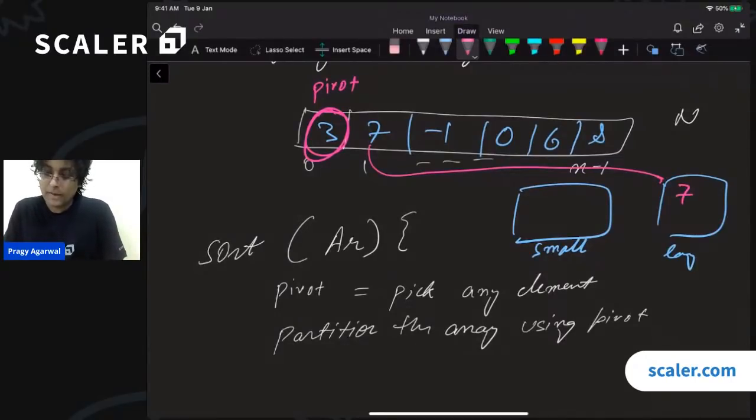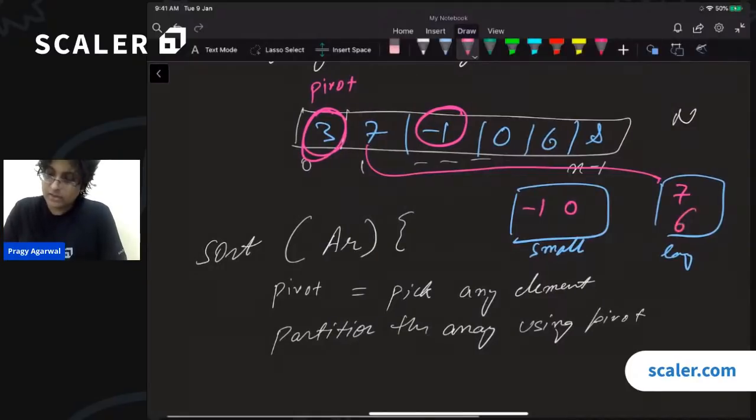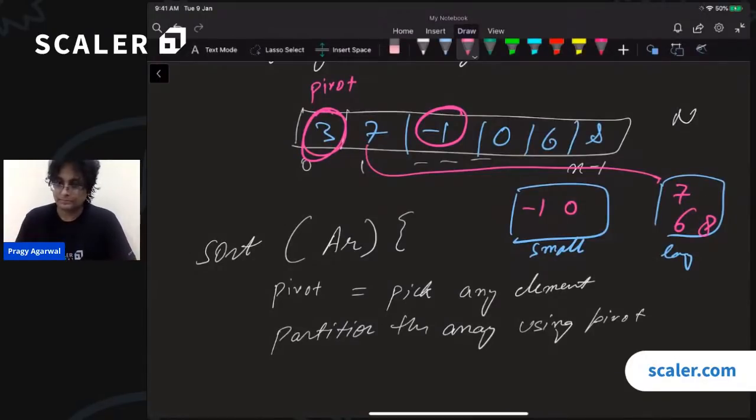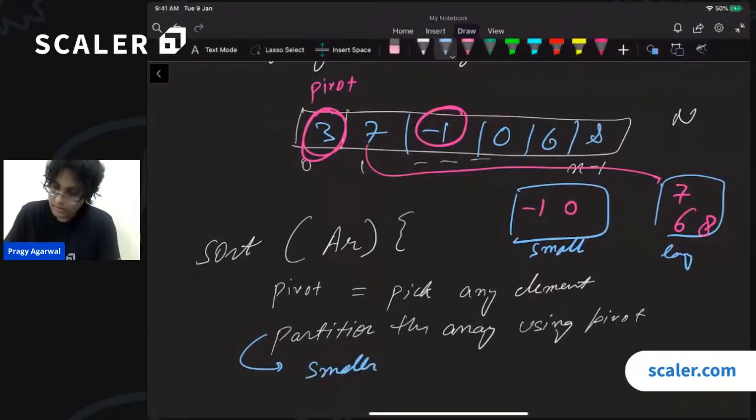What about minus 1? Minus 1 is smaller, so it goes over here. 0 is smaller, so 0 goes over here. 6 is larger. 8 is larger. Is that clear? After partitioning, this will give us the smaller set and the larger set.